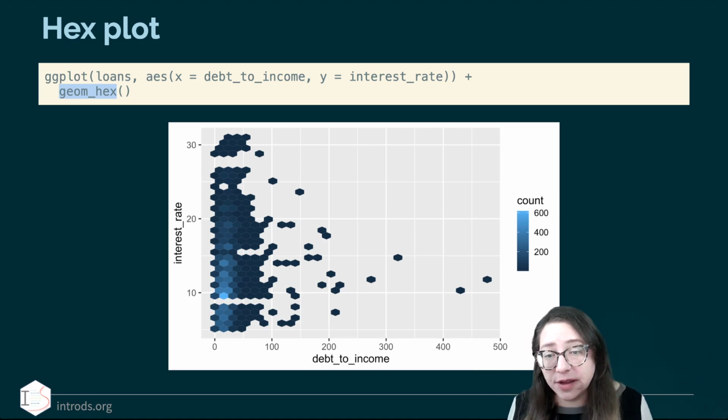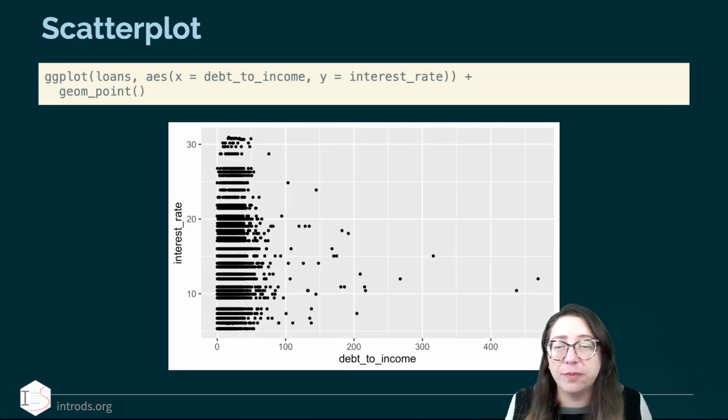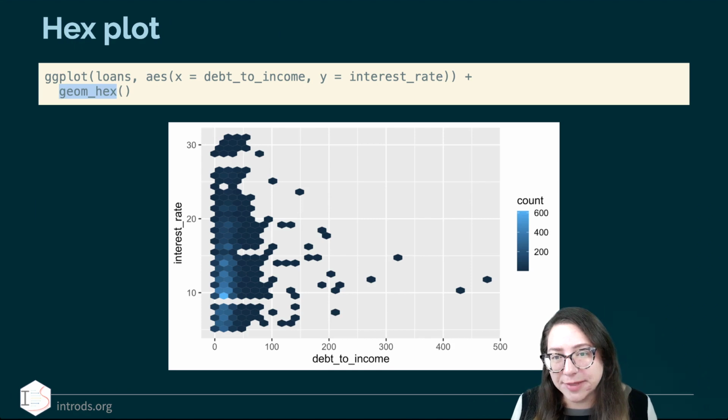The lighter the color, the more data points I have there. This is a useful visualization for when you have a large number of data points, which we do, 10,000 of them. There's so much overplotting happening that it's really difficult to make sense of the scatter plot that we built with geom_point, so geom_hex comes in handy.